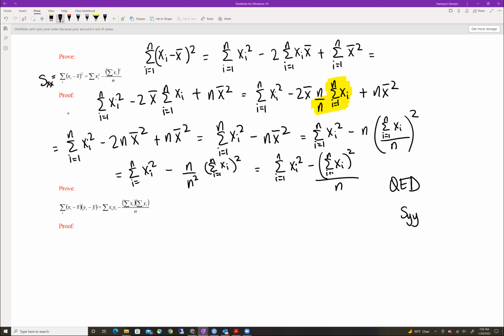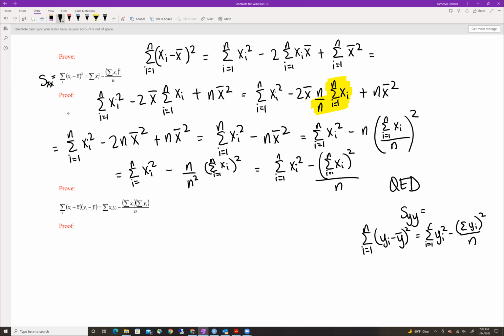So in general, your homework is going to prove that the summation i equals 1 to n of (yi minus y bar) squared is equal to the summation of yi squared minus the summation of the yi, quantity squared, over n.